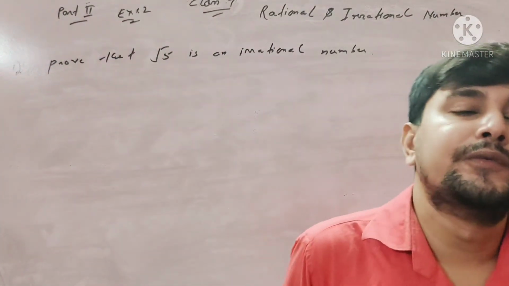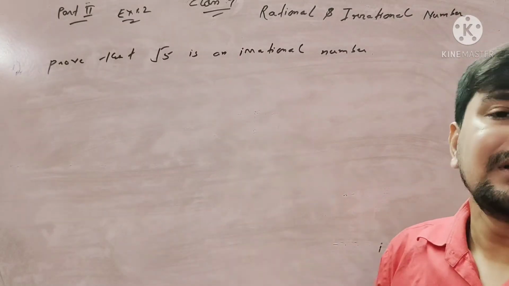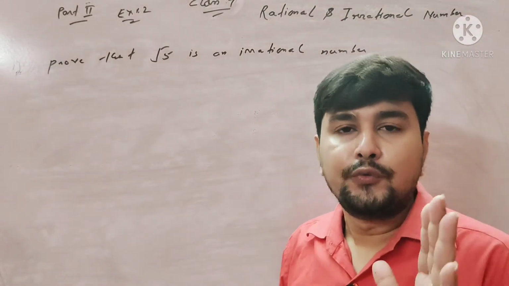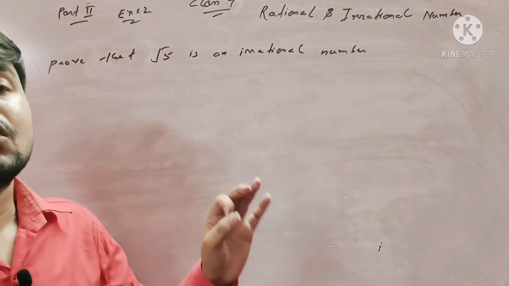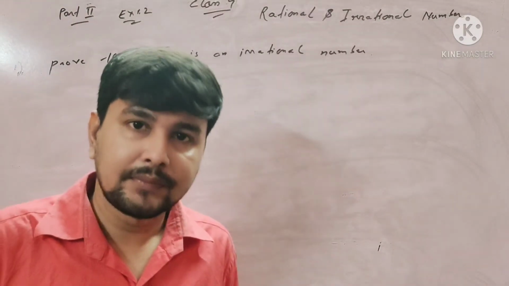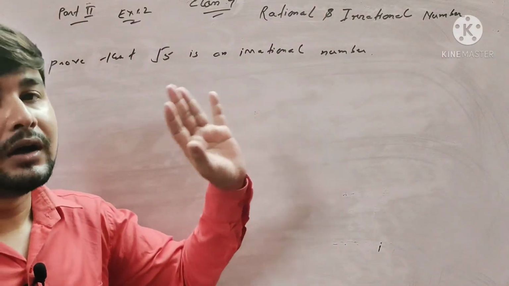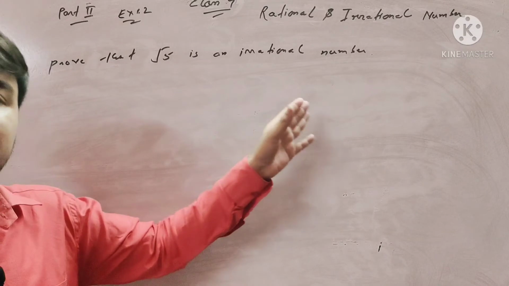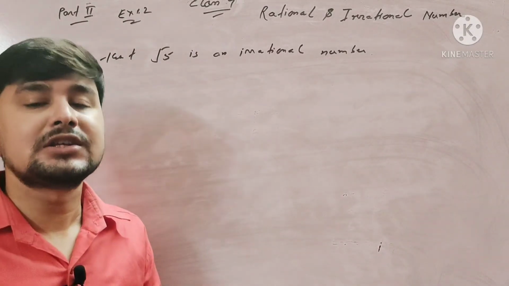First of all, we suppose, as an example, that root 5 is a rational number. There are two kinds of numbers, rational and irrational. Suppose this number is not a rational number. We let root 5 be a rational number and show that root 5 is not a rational number.